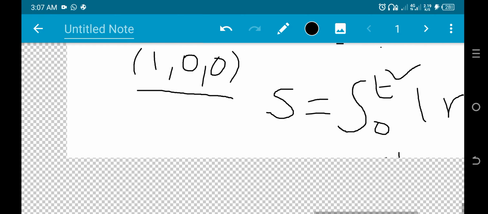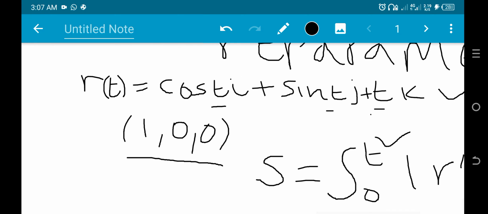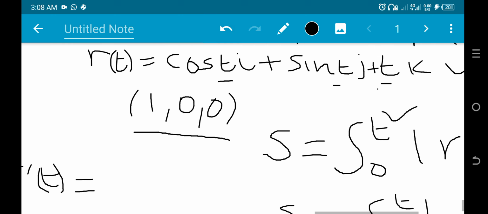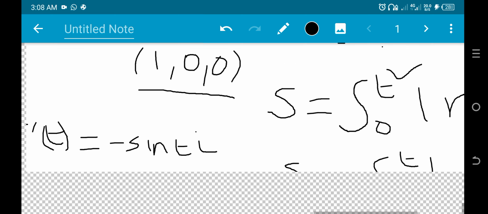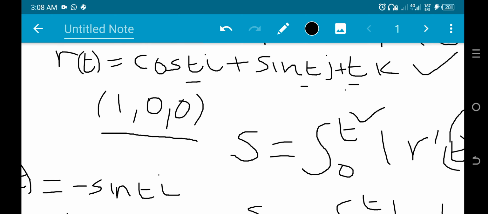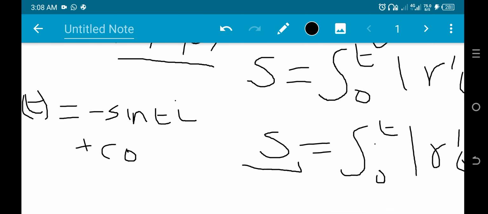So let's go ahead and do what we have just said. For the first part, let's find the derivative of our function. So the derivative of r(t), which is r prime t, will simply be the derivative of cos t, which is negative sin t, representing the i component, plus the derivative of sin t, which is just cos t j.